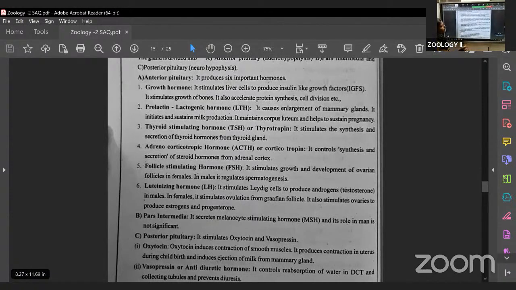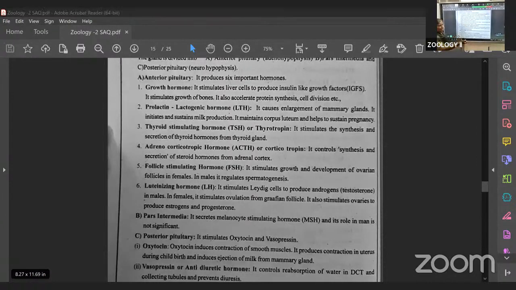We are in the topic the pituitary gland. Okay, pituitary gland. Here the first one is the anterior pituitary, which we already discussed.